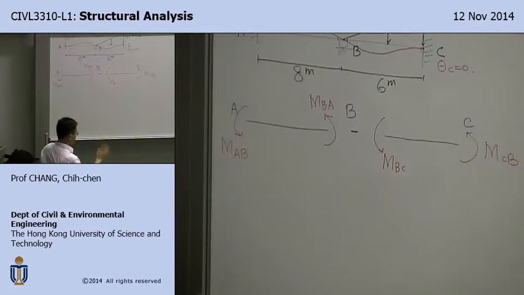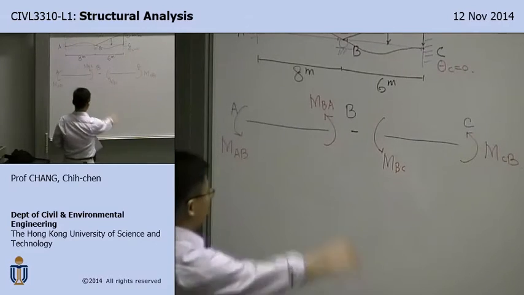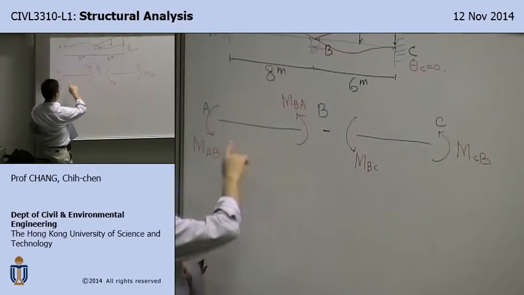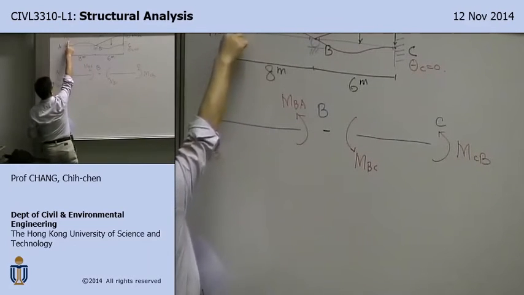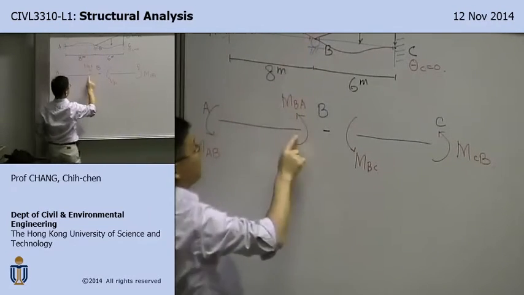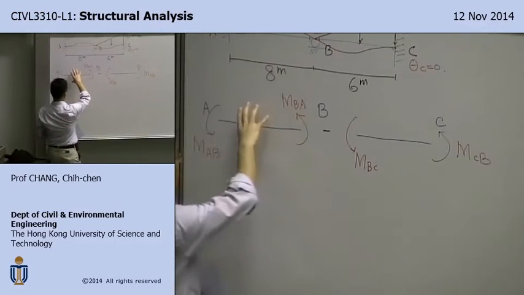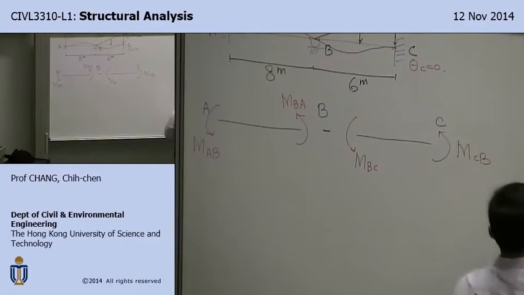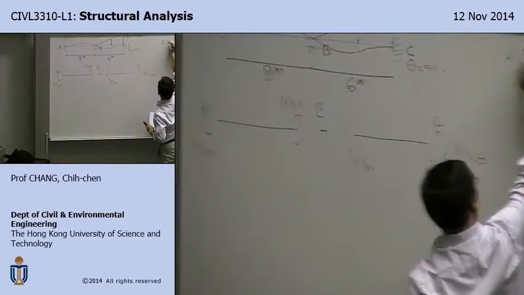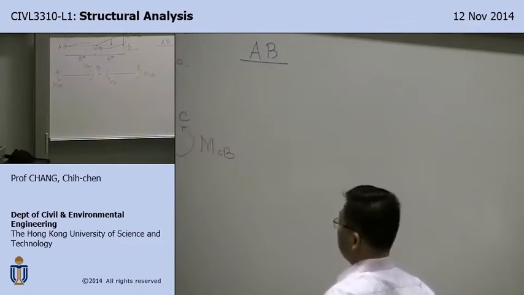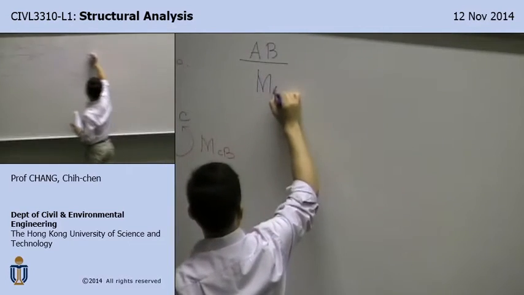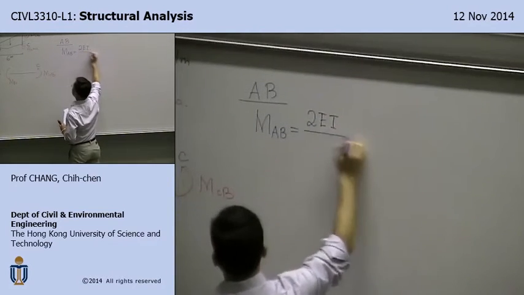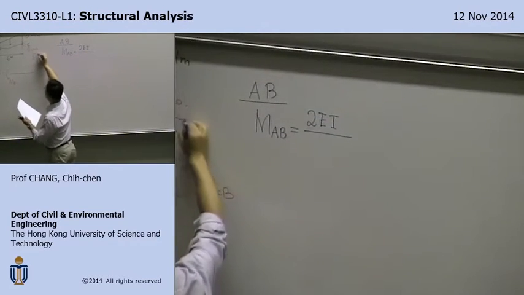So I need to set up the slope deflection equation for each one of the elements. Knowing that theta A is equal to 0, theta B is not equal to 0, let me set up the equation for element AB first. MAB is 2EI over L. Oh, I haven't given you EI. EI is a constant.